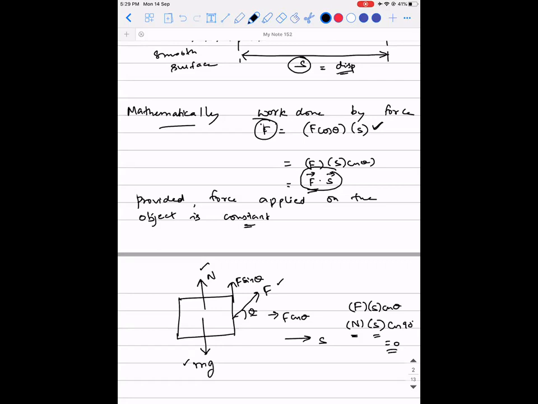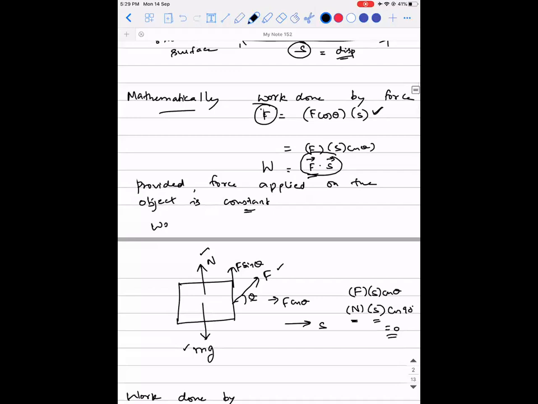Accepted? Now tell me, is work done a scalar quantity or a vector quantity? It's a scalar quantity. This is a very important point to keep in mind, so please make a note. Work done is a scalar quantity. I've explained why it is so.